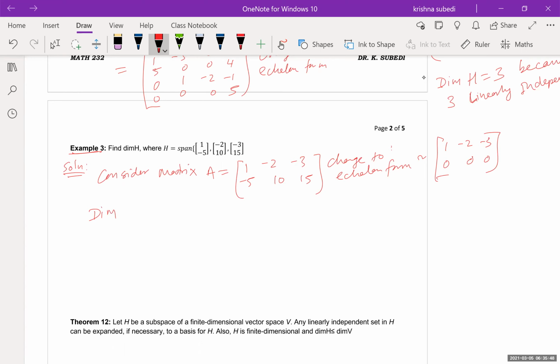So therefore, the dimension of H equals 1.